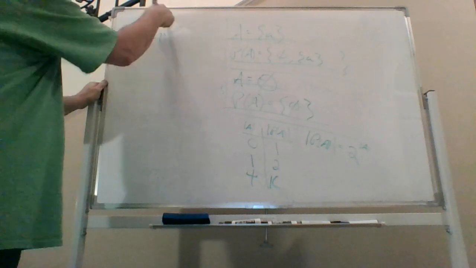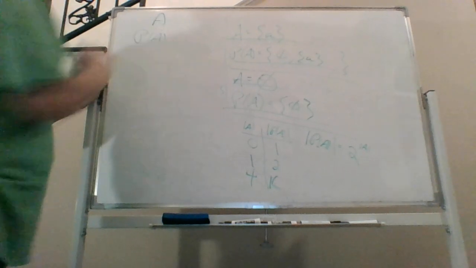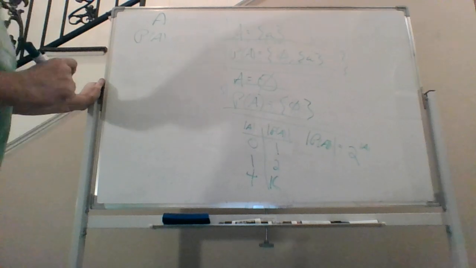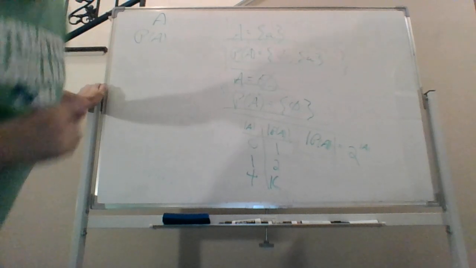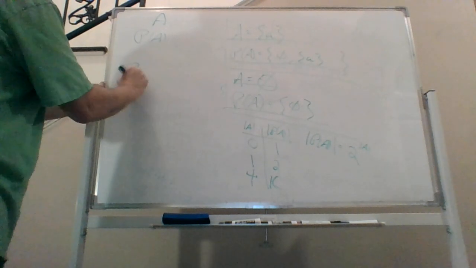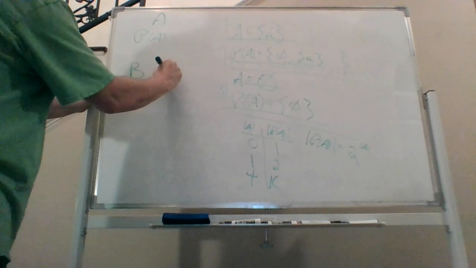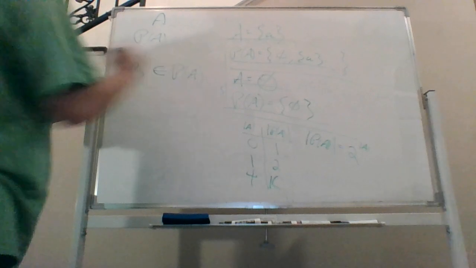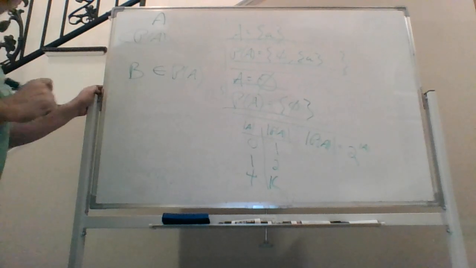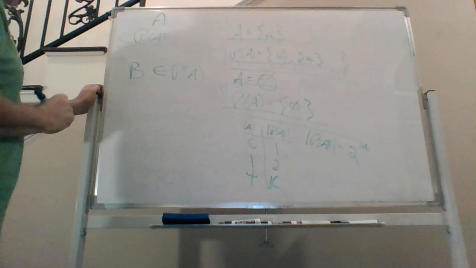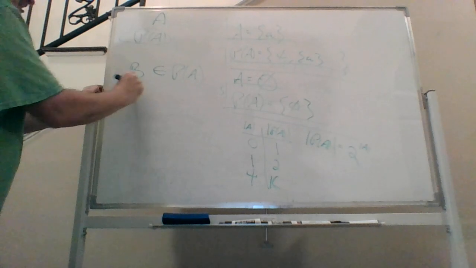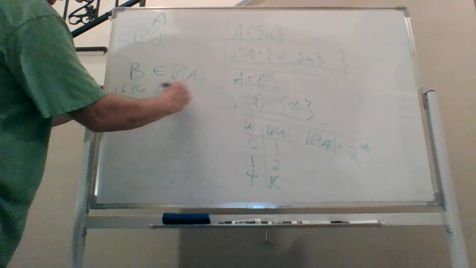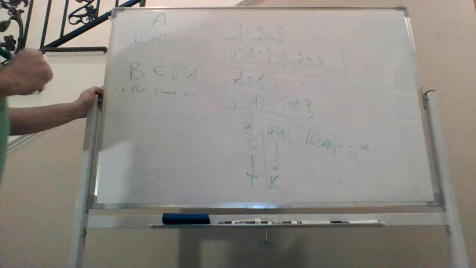So you start with a set A and you get a power set from it. What if I said the set B was an element of the power set of A? So B is an element of that. What is that saying? It's the same as saying what?